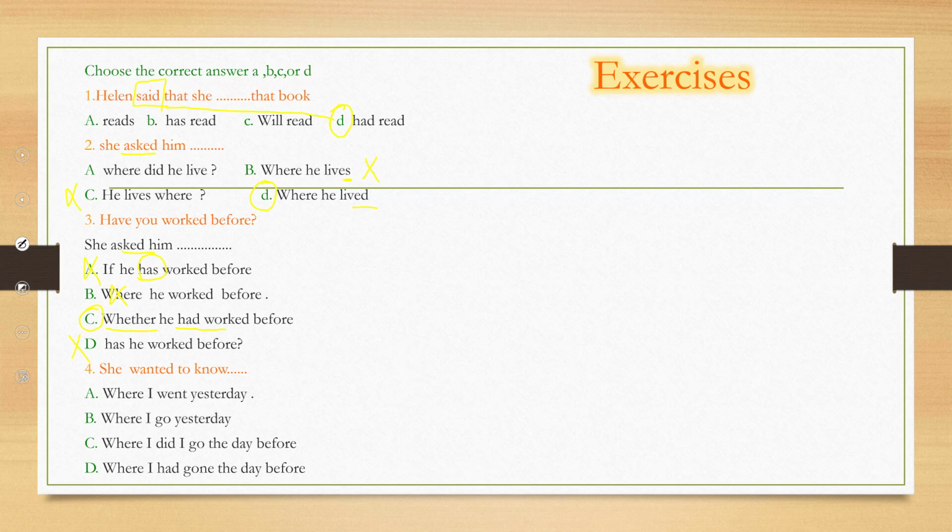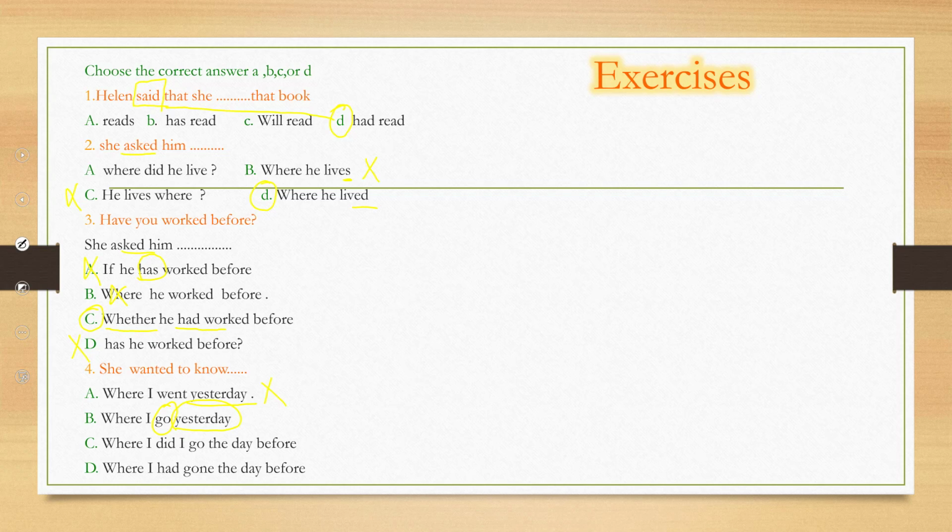The last one, she wanted to know where I went yesterday, where I go yesterday, where did I go the day before, where I had gone the day before. The first one, is it correct? We have yesterday, and we said that yesterday should be reported into the day before, so it's not correct. Where I go yesterday is also not correct. Why? Because here we have two mistakes. The verb is present, and yesterday is direct question.